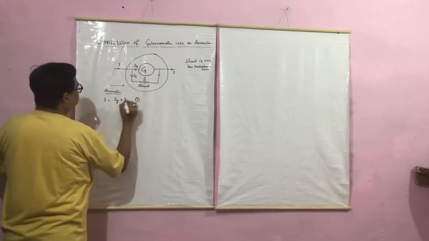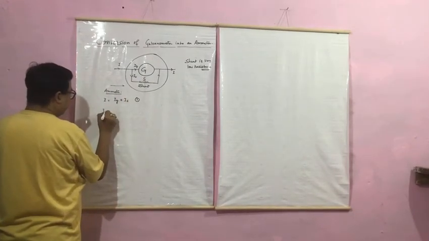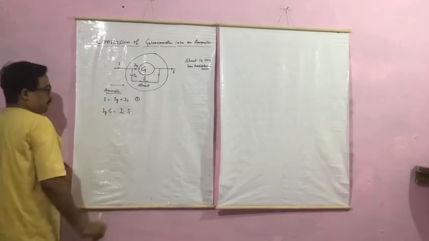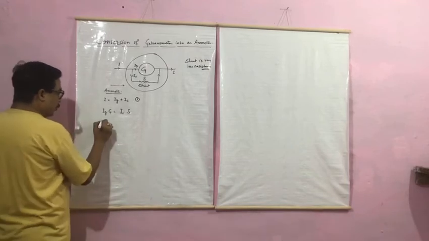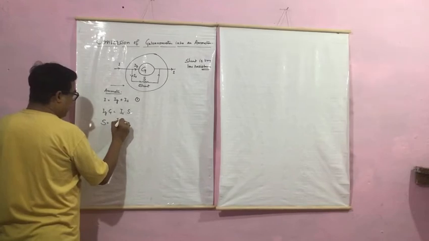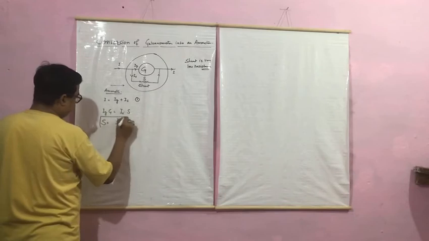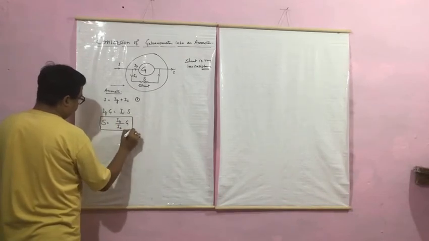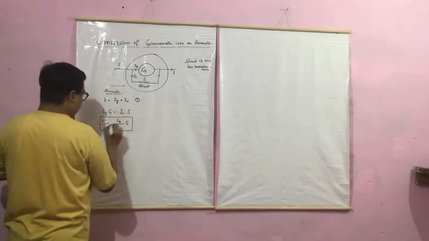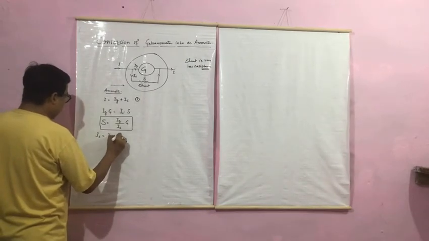This is one, and second is Ig into G is Is into S. So the expression for S is Ig upon Is into G. And from 1 we can write Is is equal to I minus Ig.